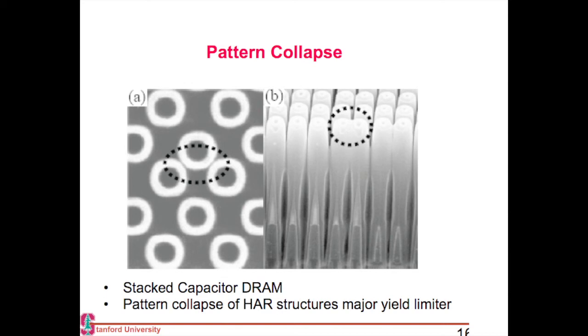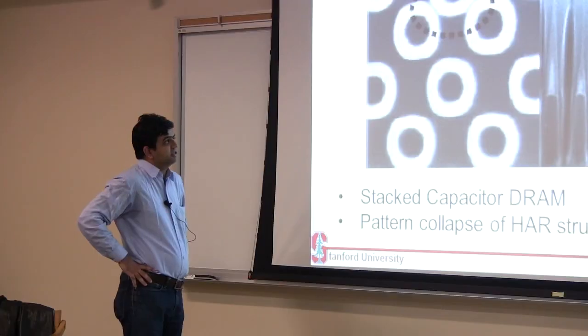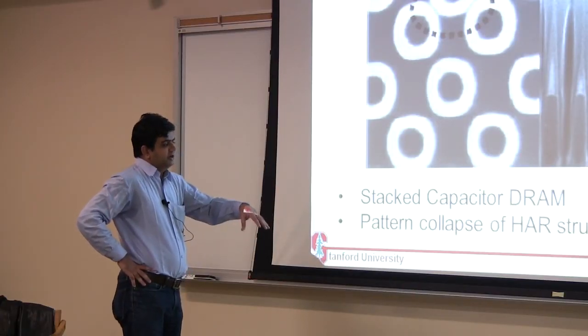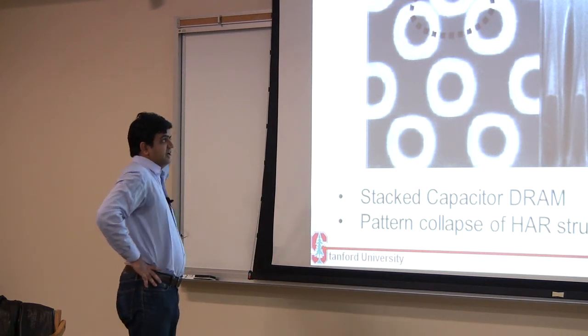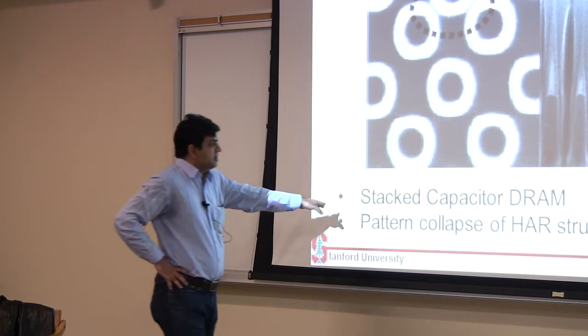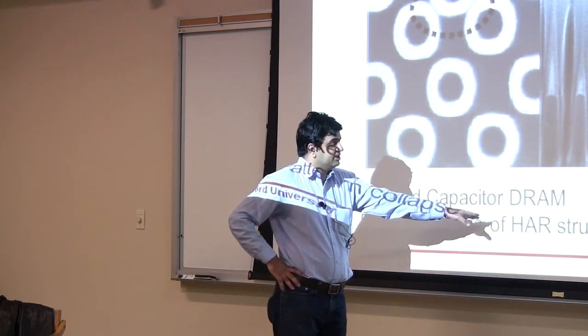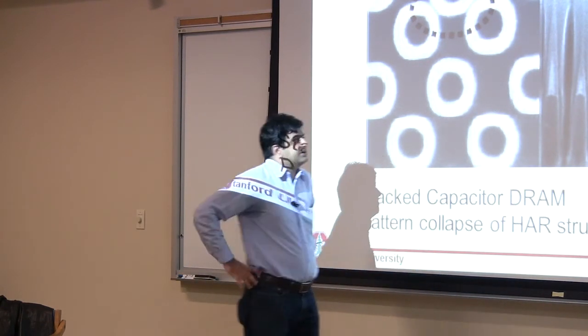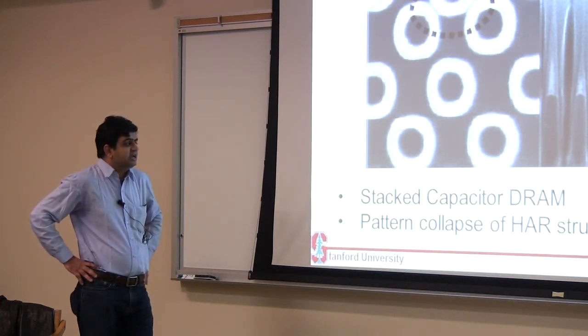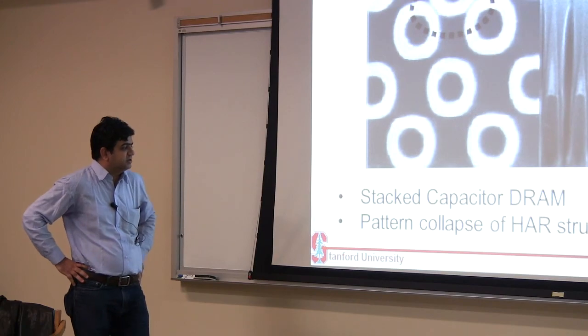So there's multiple things people do. There's something called critical point drying, where you essentially go directly from a liquid phase to just evaporating the liquid. But this bending, or these high aspect ratio structures collapsing, is the major yield limiter for DRAM today.